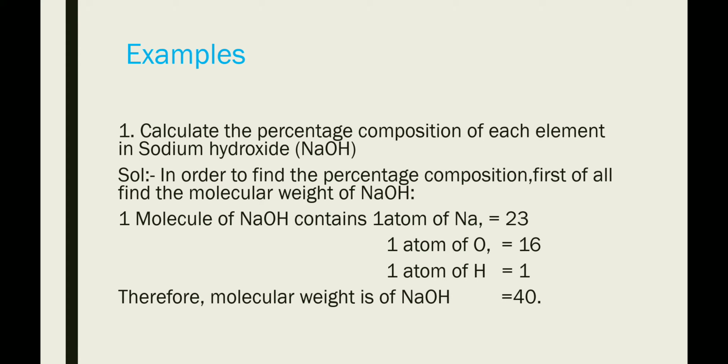One molecule of sodium hydroxide contains one atom of sodium whose atomic mass is 23, one atom of oxygen whose atomic mass is 16, and one atom of hydrogen whose atomic mass is 1. On adding 23 plus 16 plus 1, we get 40. Therefore, molecular weight of sodium hydroxide is equal to 40.